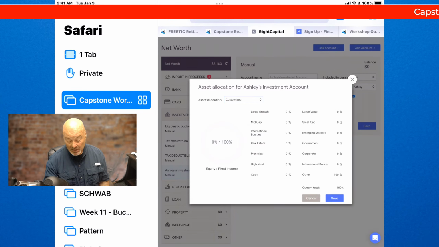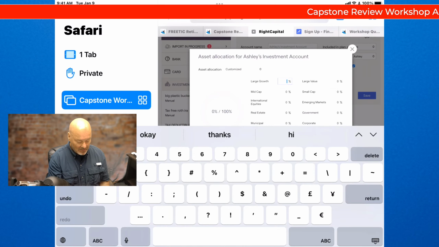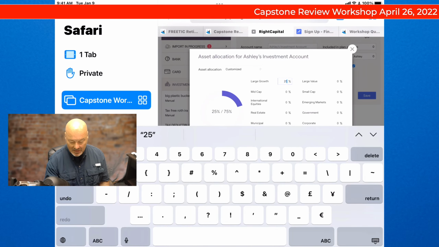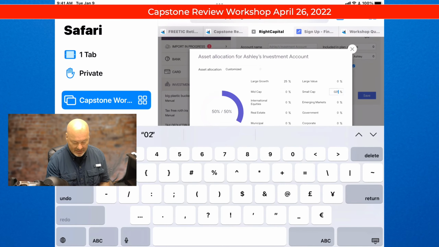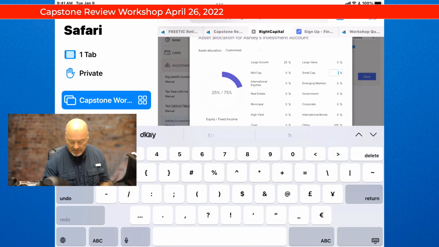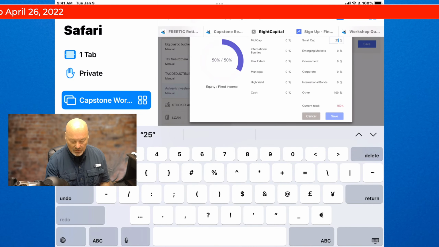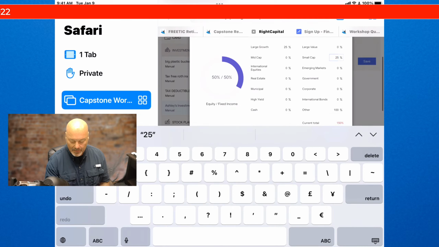Now notice you could do your own here. You could say, I want to do 25%, and I want to do 25%, and I want to do, whoops, did I do that right? So I'm just creating a portfolio with 4 quadrants. I'm going to do government bonds.